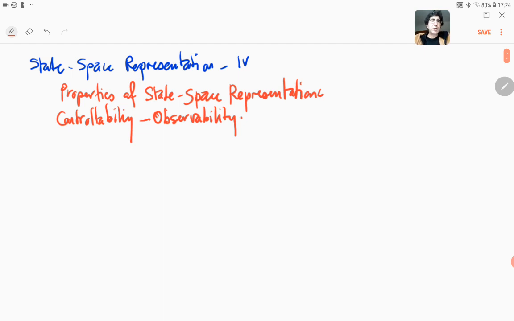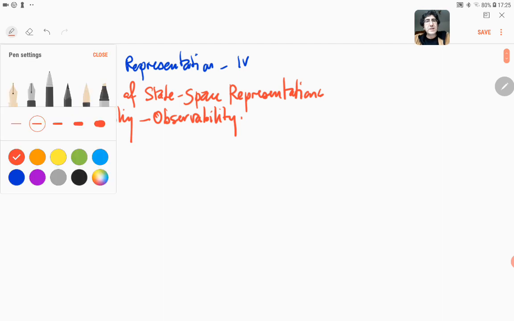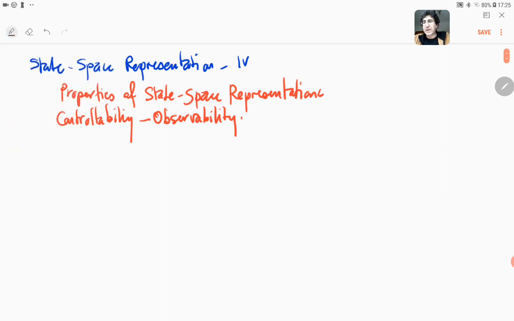Today we will show that these representations will also correspond with these particular properties of system representations. Okay, let's take a look at, first of all, controllability. So what does it mean that the state space representation is controllable?